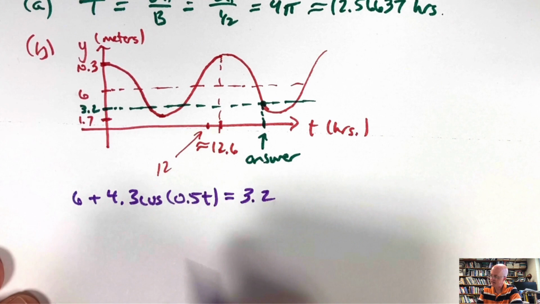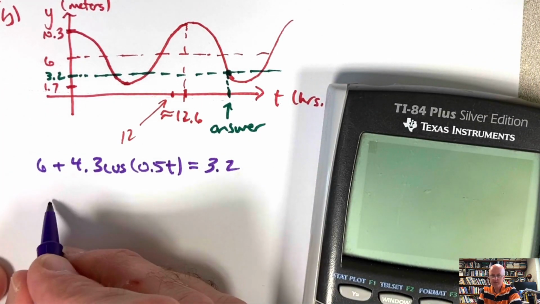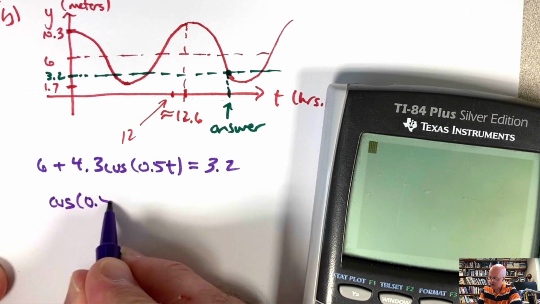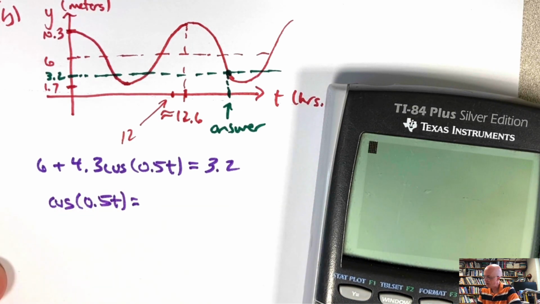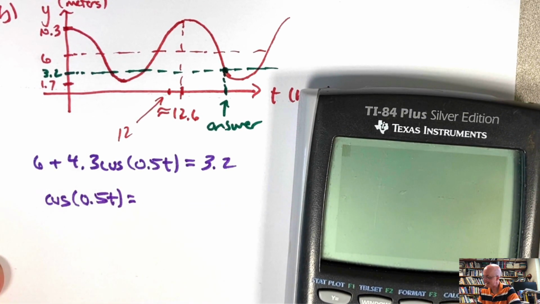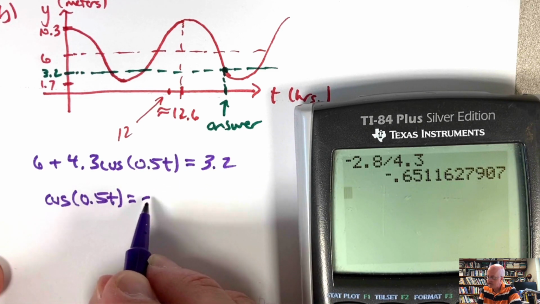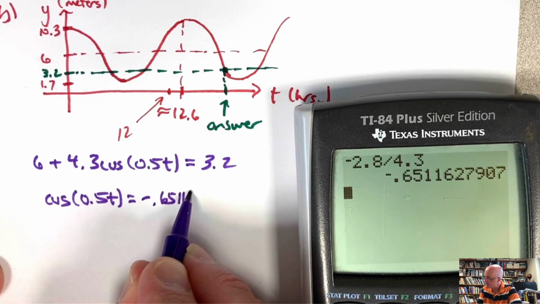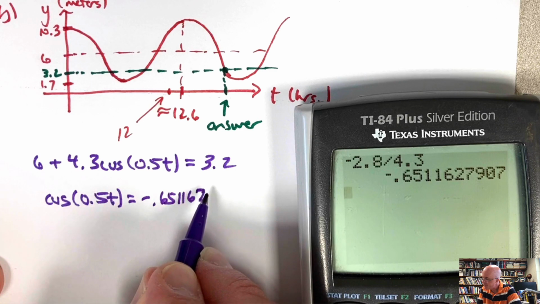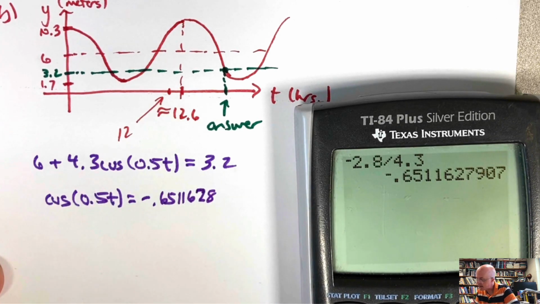Subtract 6 from both sides, then divide both sides by 4.3. Cosine of 0.5t. 3.2 minus 6 is negative 2.8. Divide that by 4.3 and get about negative 0.6511628, say. Make sure I copied that right.